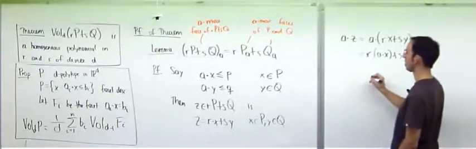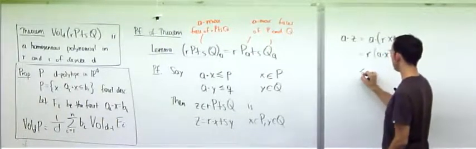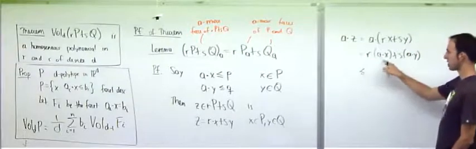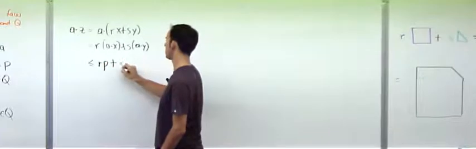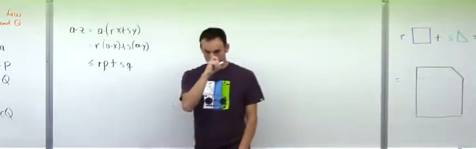Now, I basically say that a dot x is less than or equal to p, and a dot y is less than or equal to q.